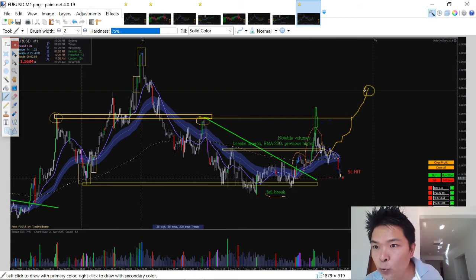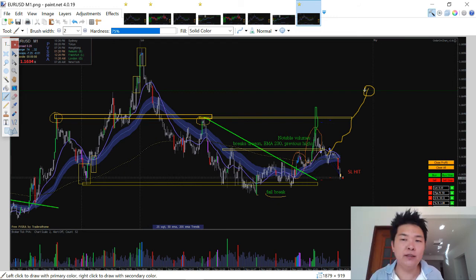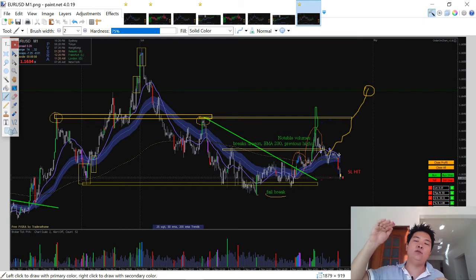So this would be 1.16500, something like that. So once it broke that resistance, probably PA would try to go all the way to break the next key level, or at least get close to the next level.